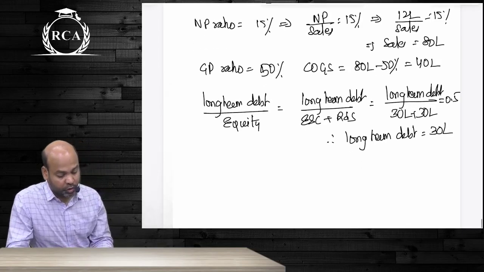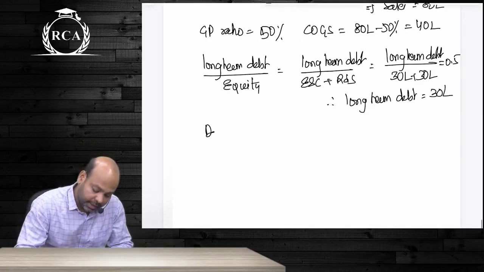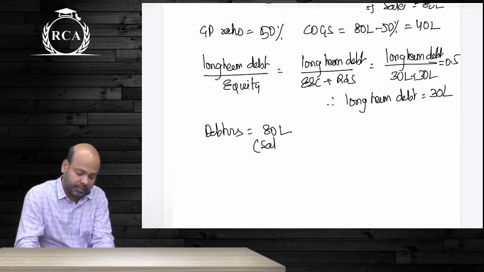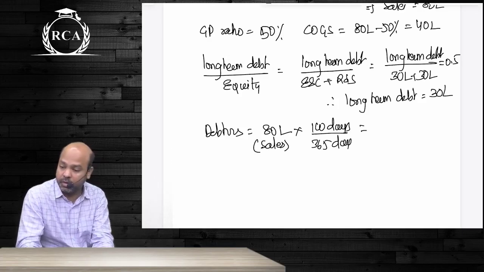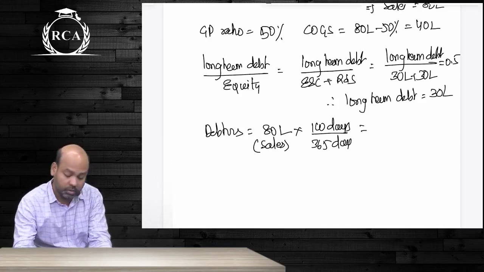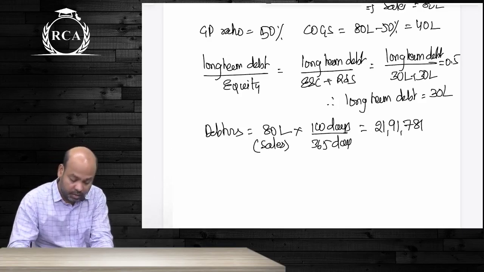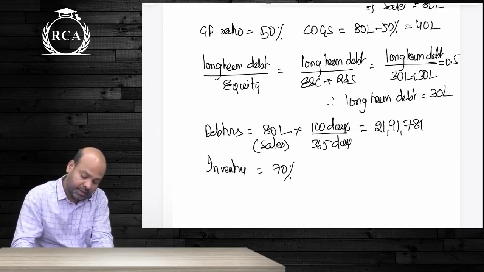We will have to now use debtors turnover ratio guys to compute debtors. Can I directly write beta debtors is equal to 80 lakhs sales into 100 days by 365 days? $21 lakhs. Your inventory as such beta is equal to 70% of last year's stock.